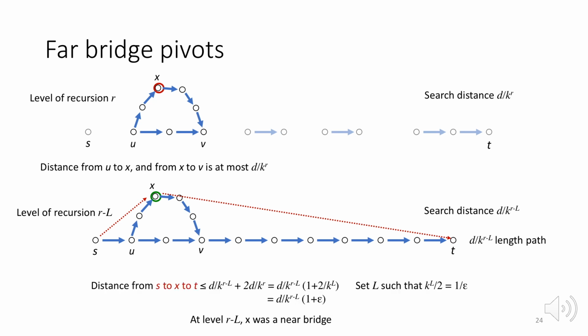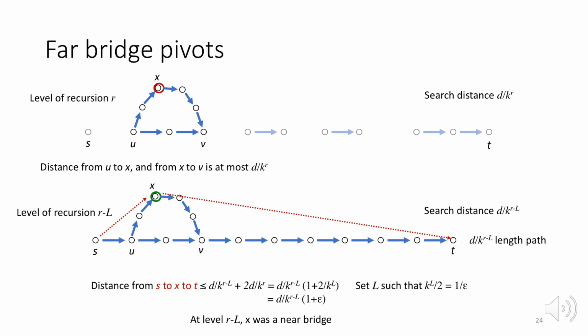The length of the s to t path is d over k to the r minus L, and the distance from u to x and x to v is at most d over k to the r. Therefore, the length of the s to x to t path is at most d over k to the r minus L times 1 plus 2 over k to the L.